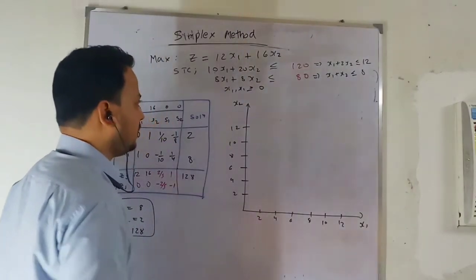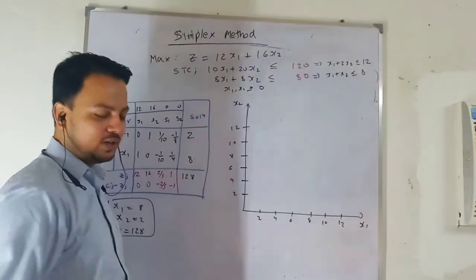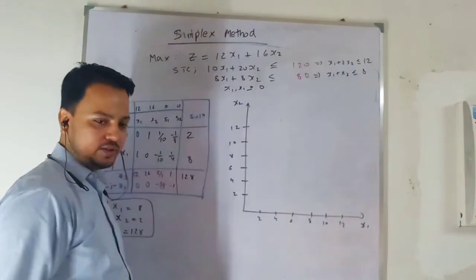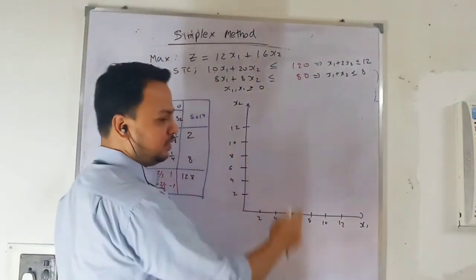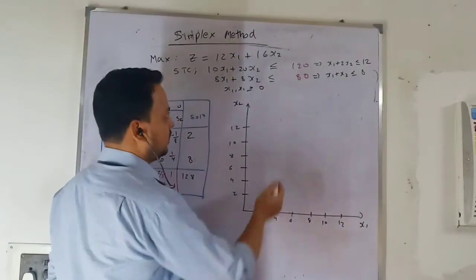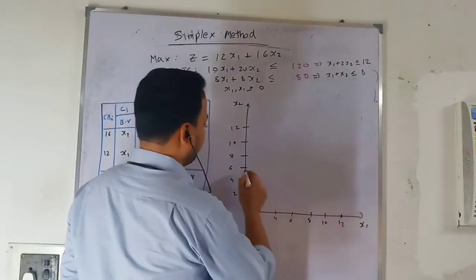Now for both constraints, we have to convert the inequality into an equation, and then we draw the line graph for both constraints. When we convert that into an equation, x1 value will be how much? 2 and 6.